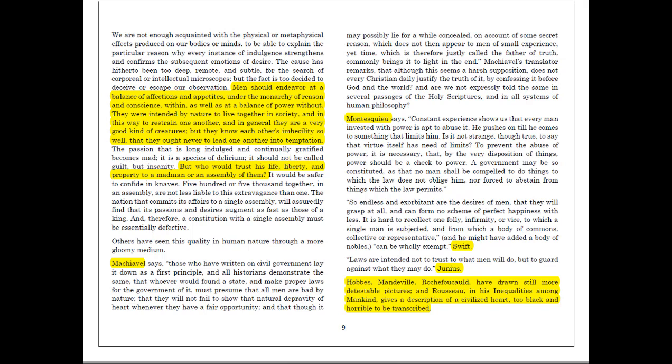But your appetites and your desires, your ambition, your desire for wealth are constantly undermining your attempts to live under the monarchy of reason. And if that's so, in the next highlighted passage, "who would trust his life, liberty, and property to a madman or an assembly of them?"